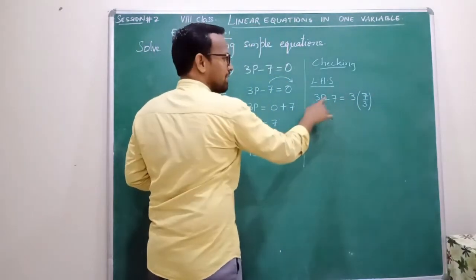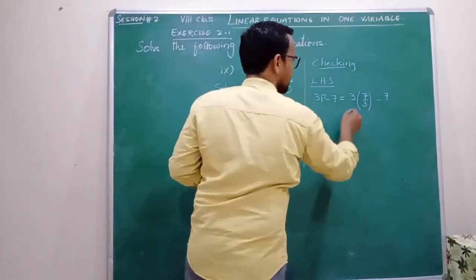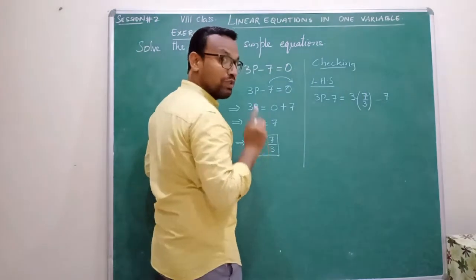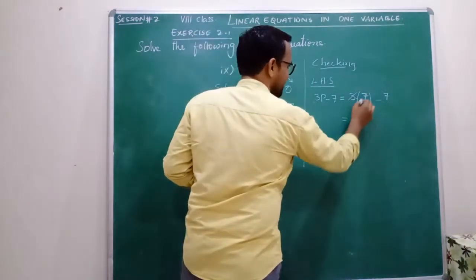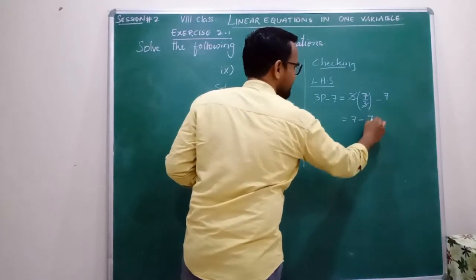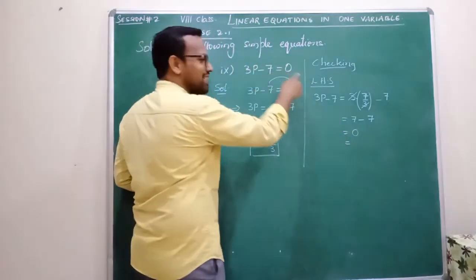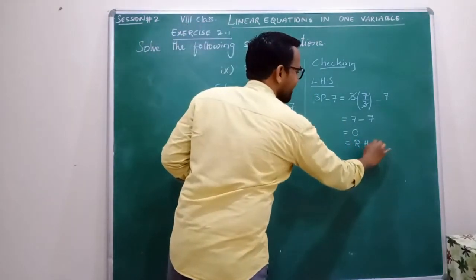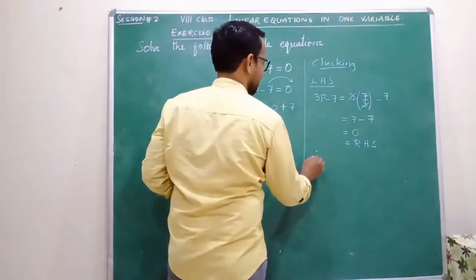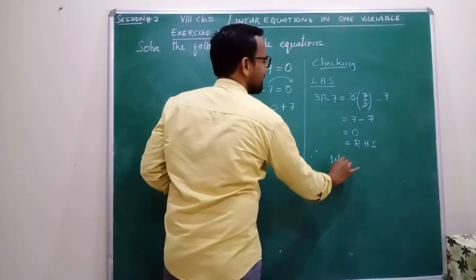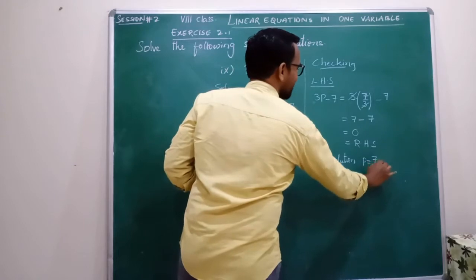So 3, p value is 7 by 3, minus 7. Now here no symbol means multiplication, we know already. Multiplied by 3, the 3 by 3 cancelled. That is equal to 7 minus 7. 7 minus 7 is 0. 0 is there in the RHS. So LHS is equal to RHS. Therefore, the solution is p is equal to 7 by 3.